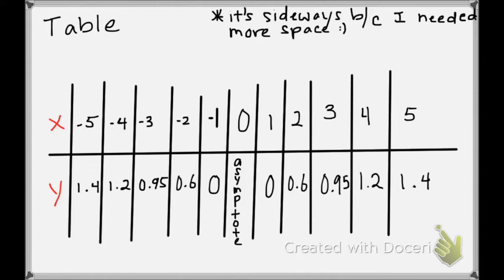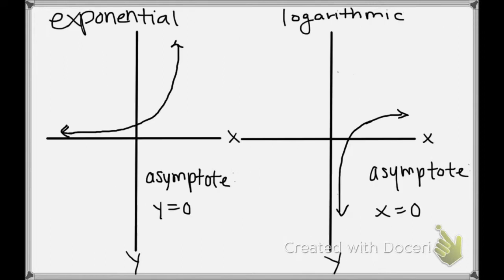An asymptote is a line that you can get as close to as possible, but you will never touch or intersect. The reason why x equals 0 is because logarithmic functions are the inverse of exponential functions, and an exponential function's asymptote is y equals 0, as you can see here.